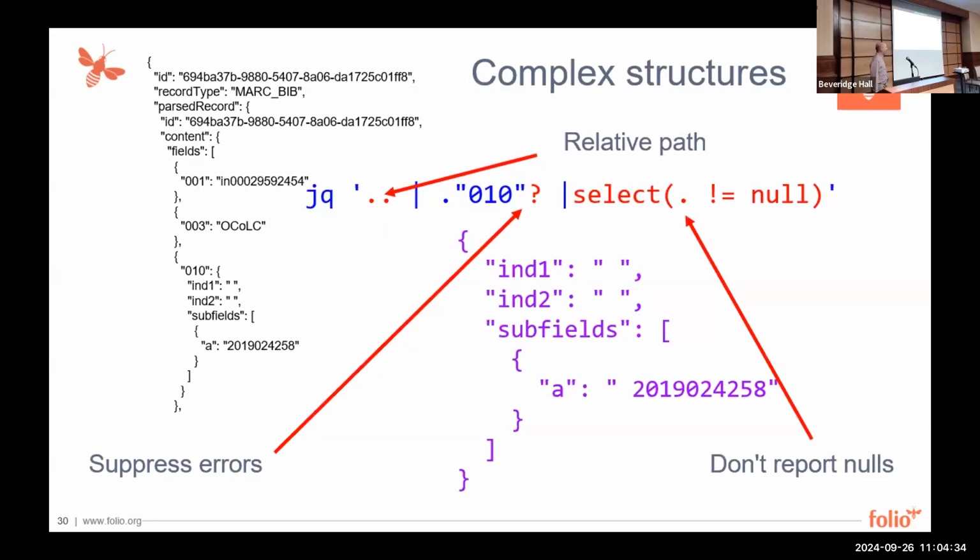Sometimes when you start working with complex structures, where things may or may not be there at multiple levels, traversing is going to start getting a little bit more ugly. There are relative paths, and there are multiple ways to suppress errors through select statements and whatnot.